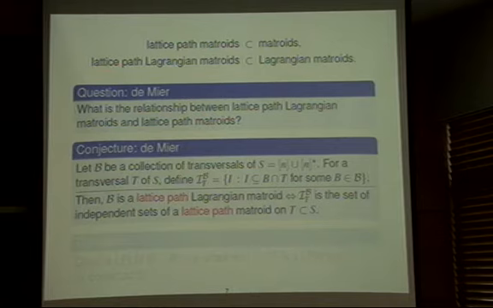So for certain collections of lattice path Lagrangian matroids, you could get this to work. But is this true in general? Well, we were able to show that the reverse direction does not hold in general. But the forward direction is indeed a theorem. Okay? So this works for all lattice path Lagrangian matroids.